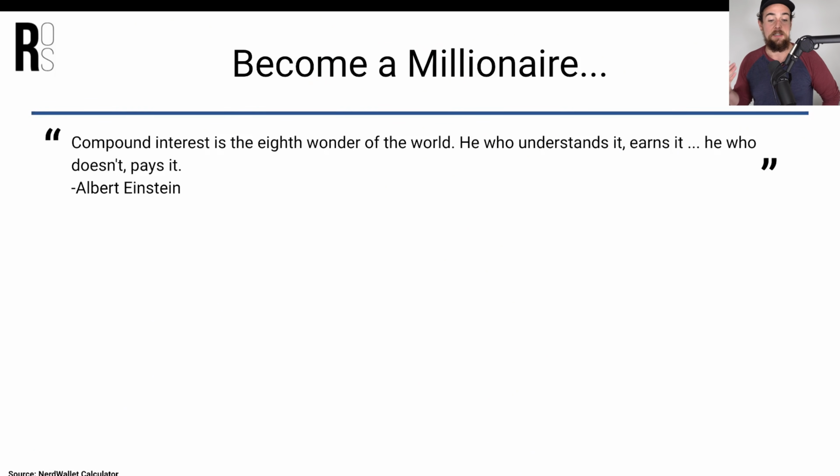Now, the last thing I want to cover is how to actually become a millionaire with these index fund investments, and it comes down to a quote here from Albert Einstein. It says, "Compound interest is the 8th wonder of the world. He who understands it earns it, he who doesn't pays it." And this is basically referring to the difference between compound interest and compound debt.